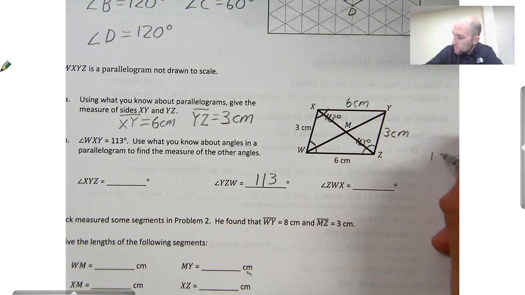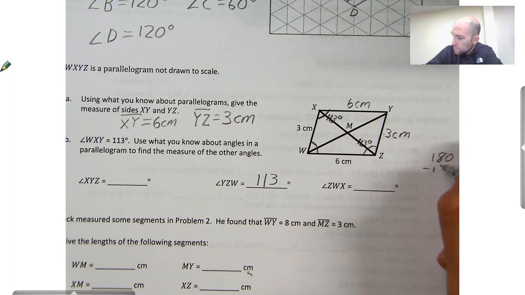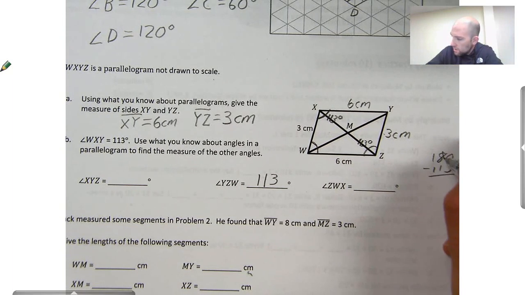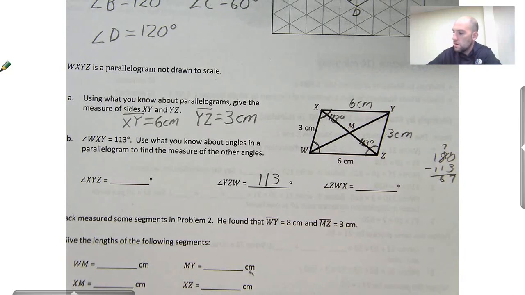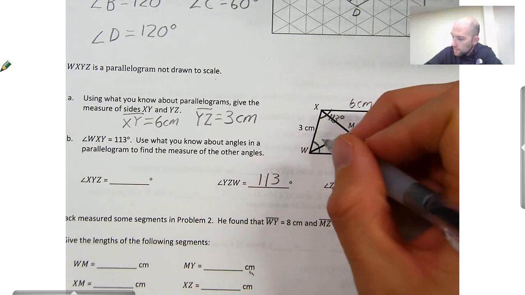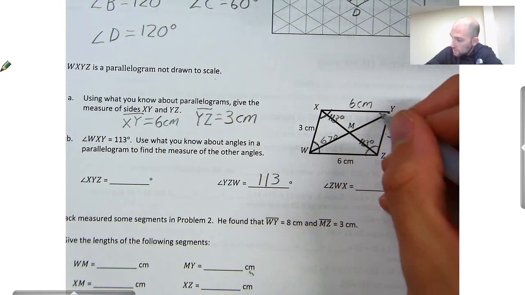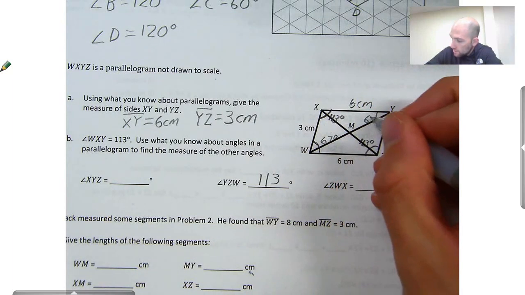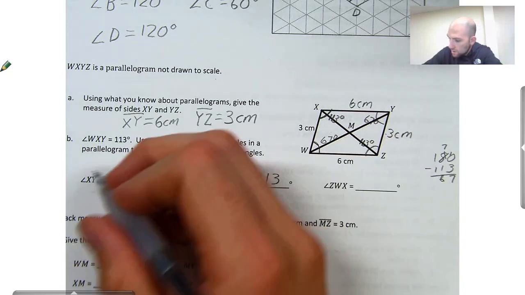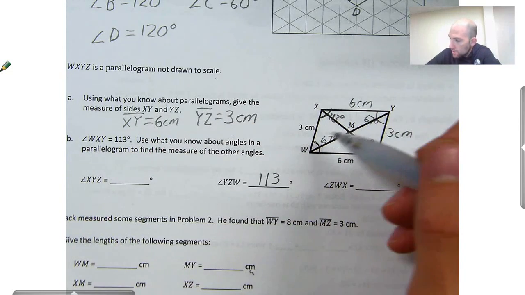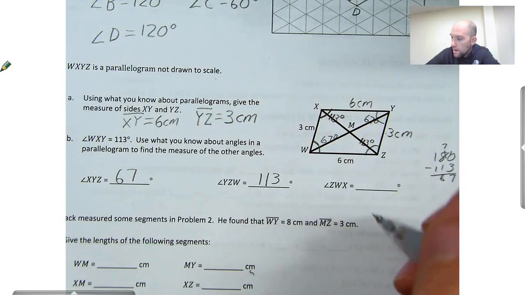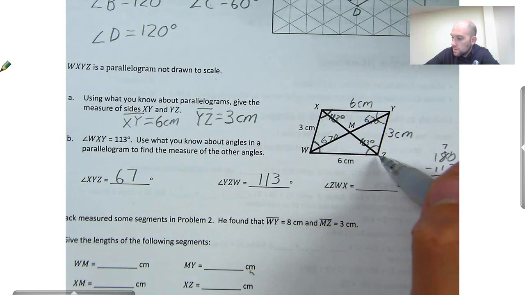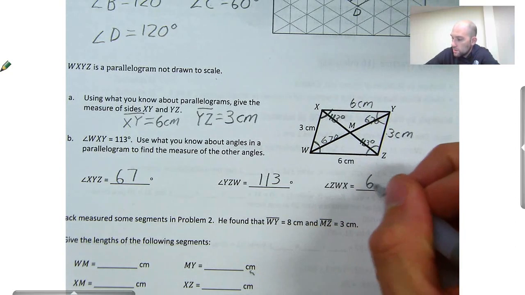The way we can find that is we can do 180 minus 113, and we're going to have 67 left over. So this angle will be 67 degrees, which means the opposite angle also needs to be 67 degrees. So XYZ is 67 degrees, and ZWX is also 67 degrees.